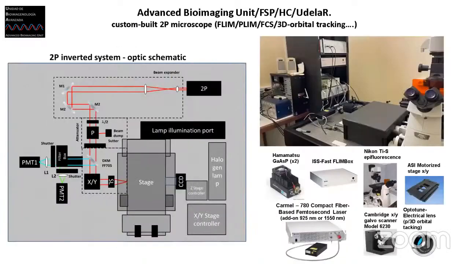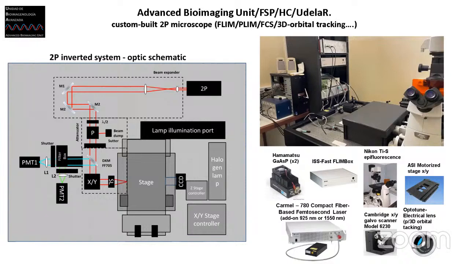So to close, I want to introduce the custom technology we have in the lab here. This is a two-photon microscope built on top of an Eclipse body, and here is the scanning cage. So we have scanning optics, basically the scanner and scanning lenses, and then we have detectors.